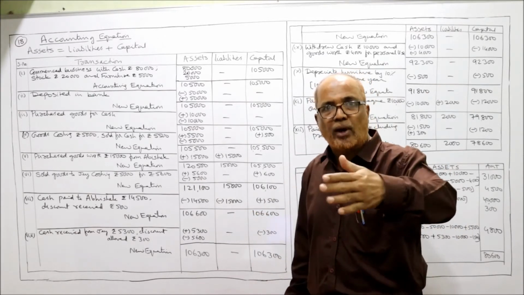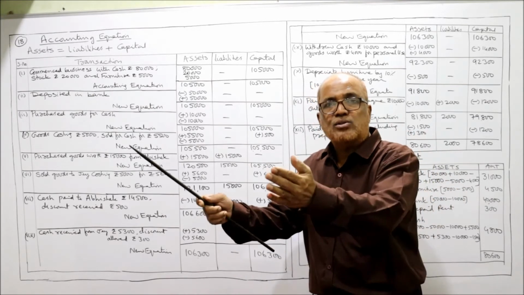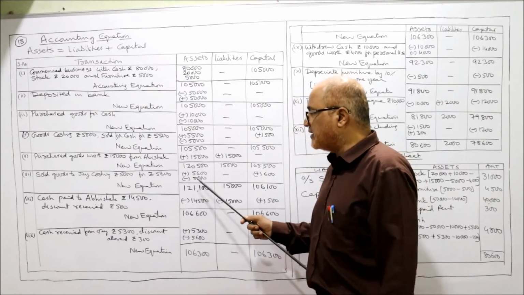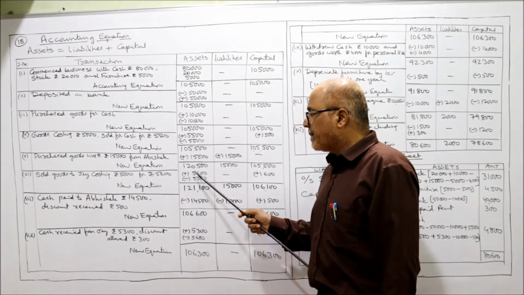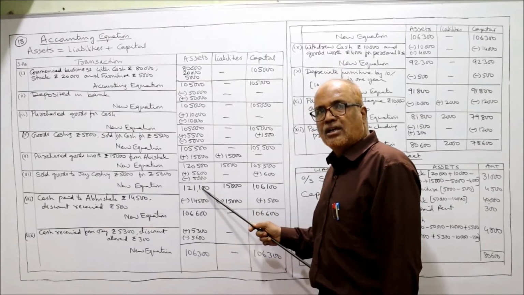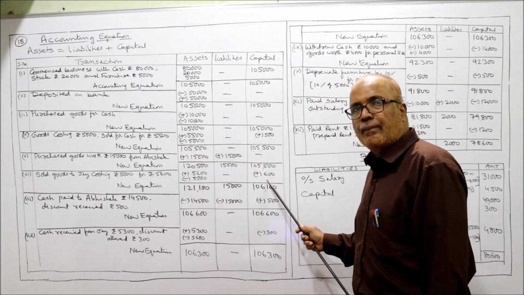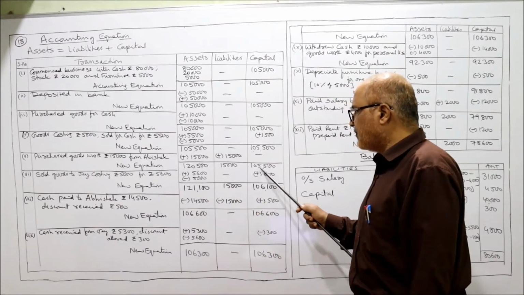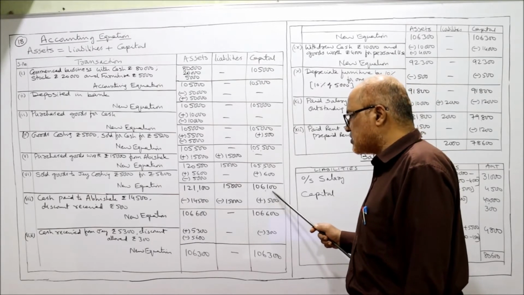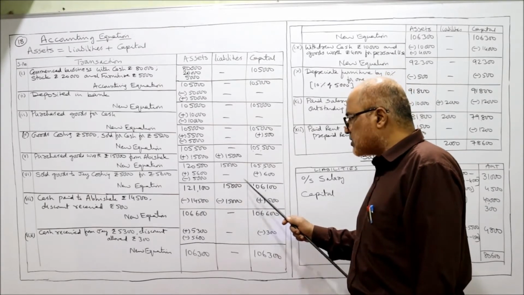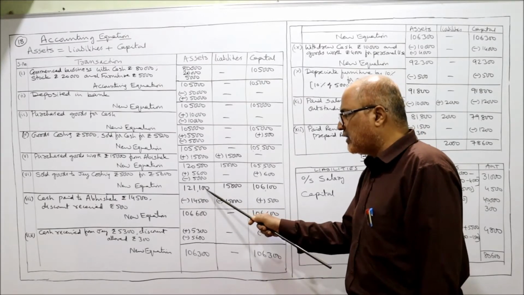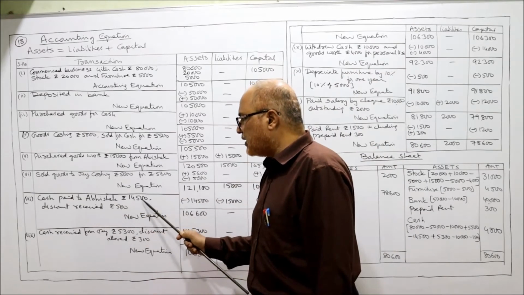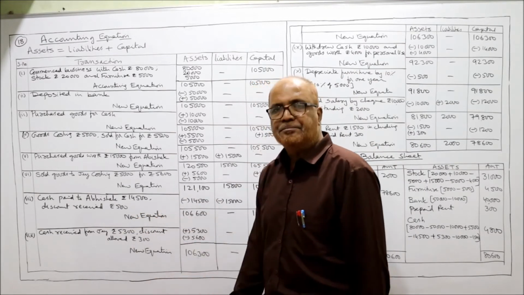And 5,600 is the amount receivable from J. The effect: 5,600 added, 5,000 deducted, and 600 rupees added to capital as profit. So the total is 1,21,100. The 15,000 remains the same. 1,05,500 plus 600 is 1,06,100. Now add up 15,000 plus 1,06,100, you get 1,21,100. Equation satisfied.